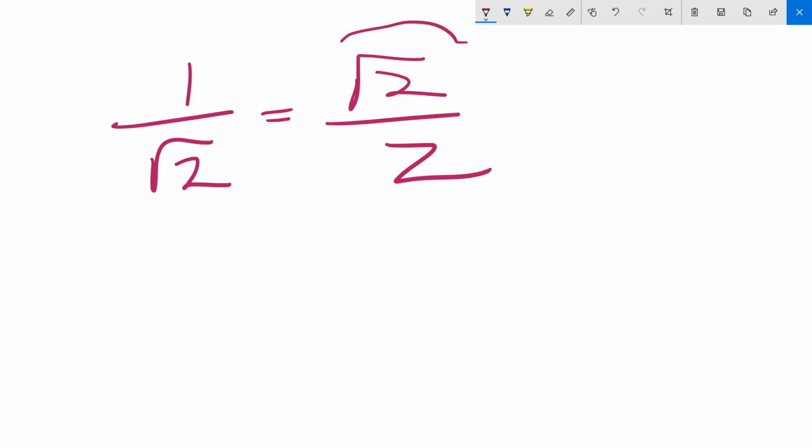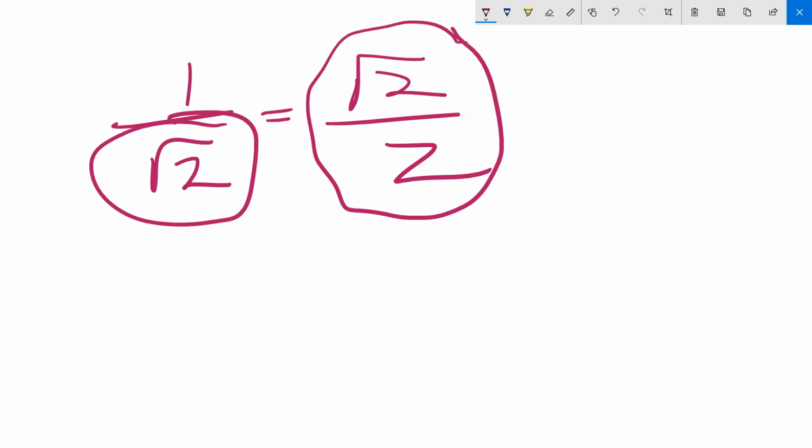And this is more proper convention because it has a rational denominator. This does not because it has an irrational denominator. But in trig, don't distinguish between the two. Unless your teacher tells you to rationalize everything, you shouldn't. Okay? All right. So we got radians to degrees. Tell me how many radians that is.